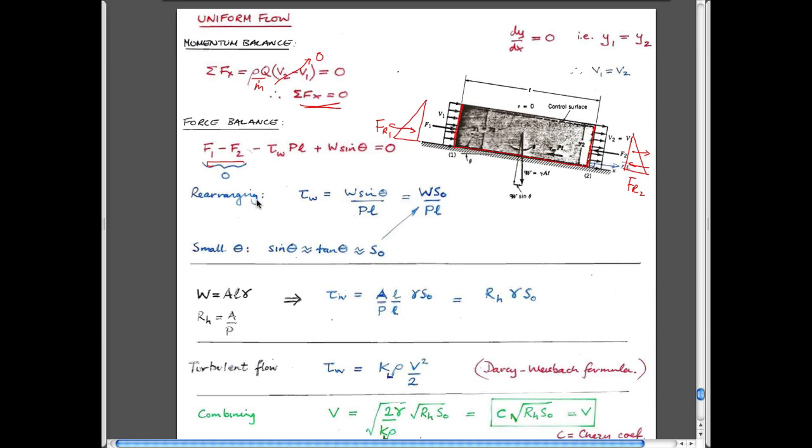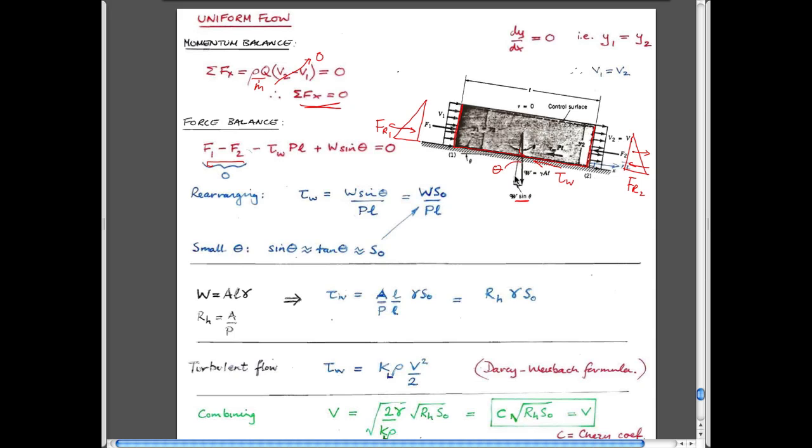The only other components we have to balance are a shear force applied on this base, which we'll call tau w, and the component of the weight. This is the weight, and this is some angle theta, so this is also equal to theta. The magnitude of the component parallel to the bed is just W sine theta.